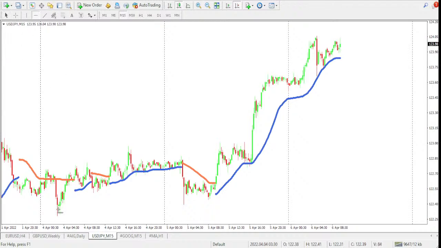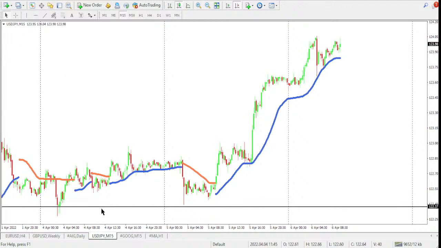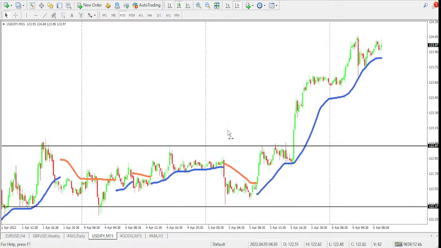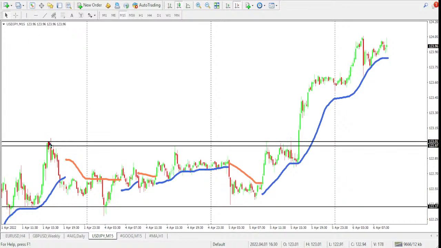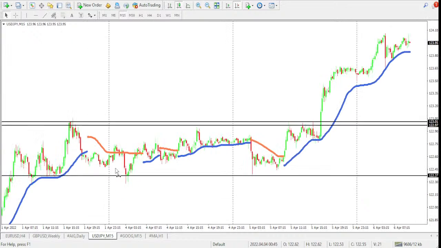We have a support there, and we have a resistance there. Of course, now that the price is above it, this should act as a good support. Previously it was a resistance. You can see we had a resistance, a resistance, and another resistance. There is this breakout. Then we had another one.